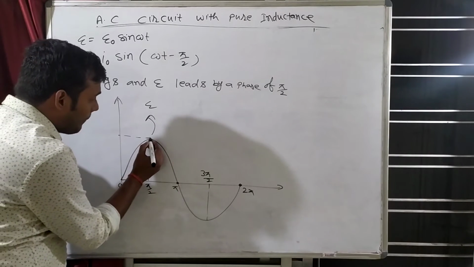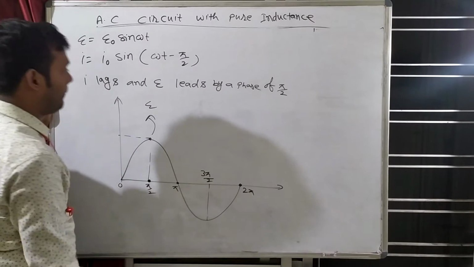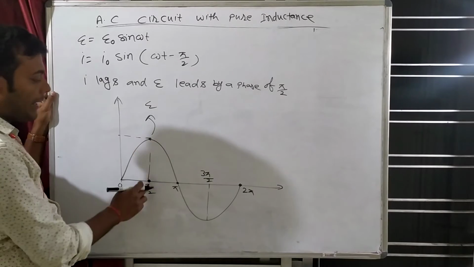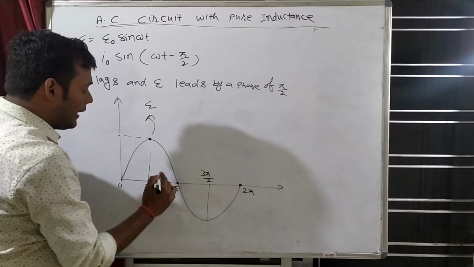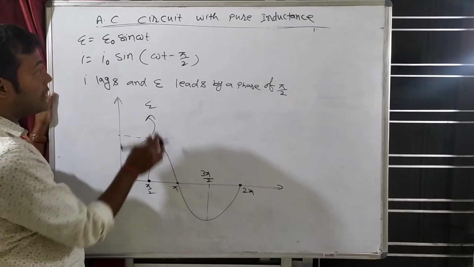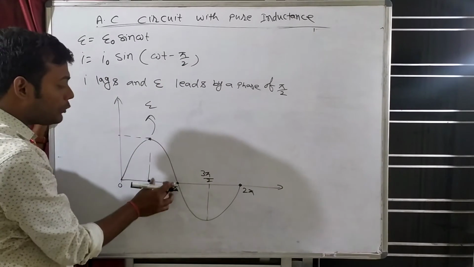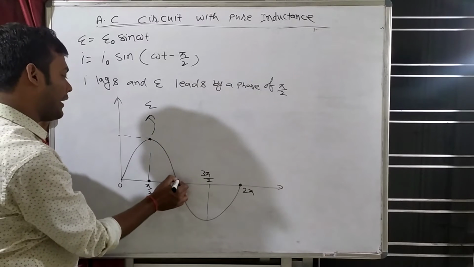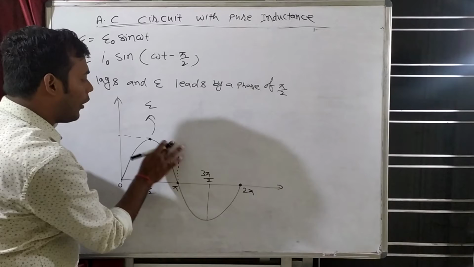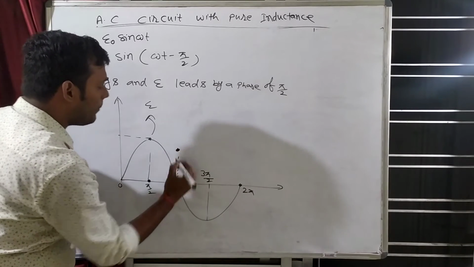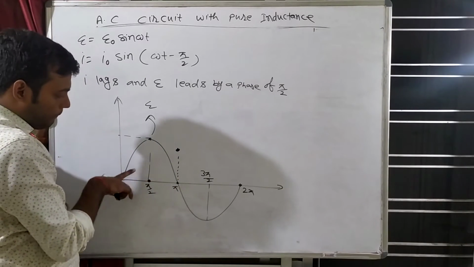When EMF is maximum, then current will be minimum. The peak of EMF came first, and after a phase of pi by 2, there will be a peak of current.